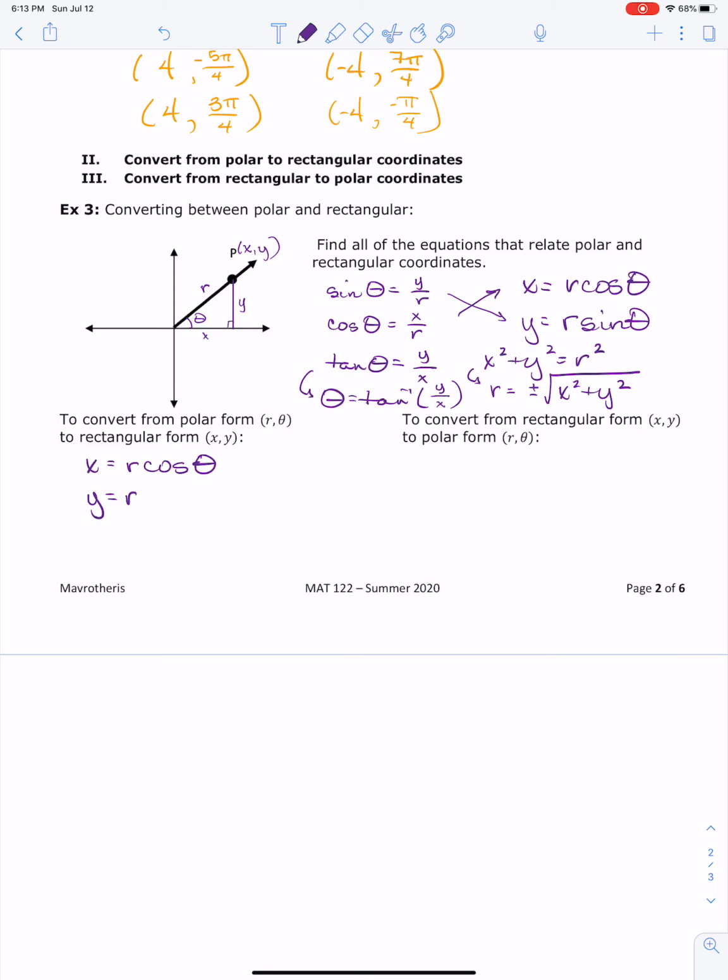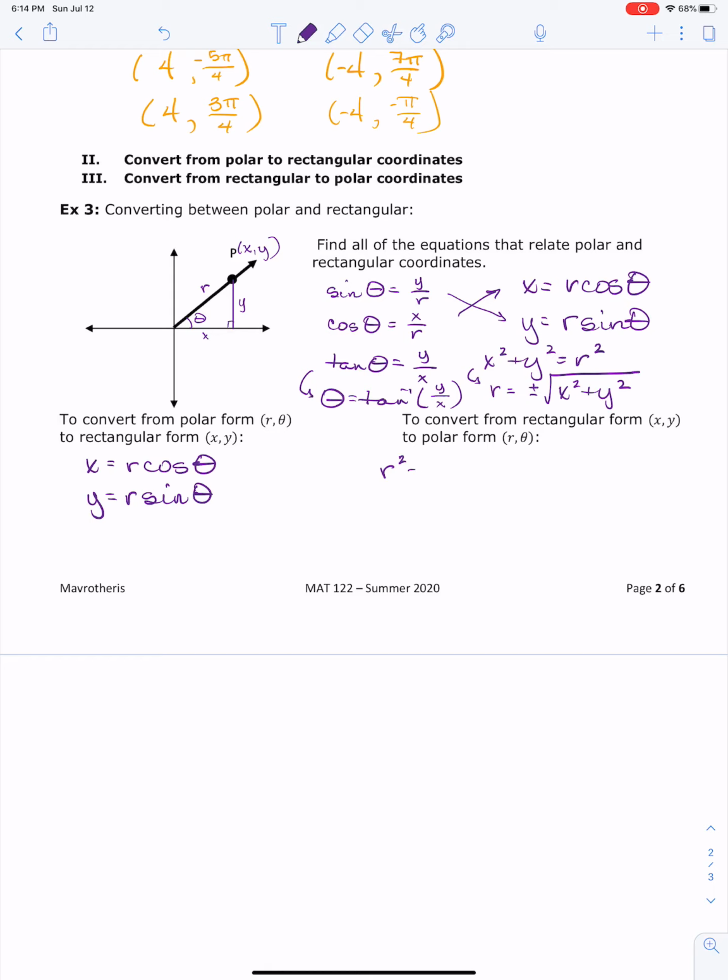I can plug in the r and the theta to find y. And we may use that x squared plus y squared equals r squared. We'll leave that.